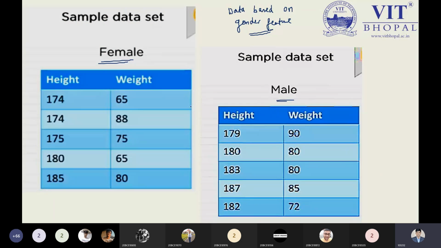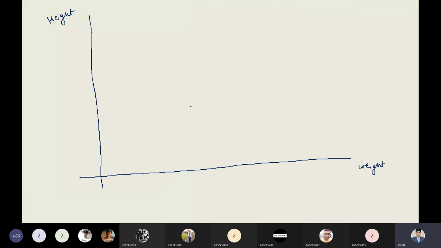So we can start from 65. I'm marking 60, 65, 70, 75, 80, 85, 90, 95, and last I'm taking 100, which is not available, but we can easily understand.